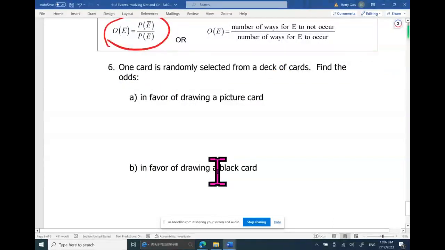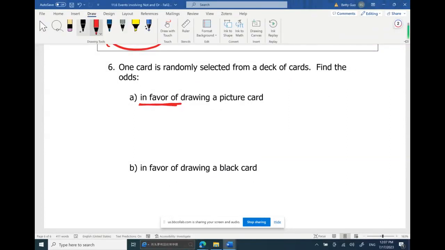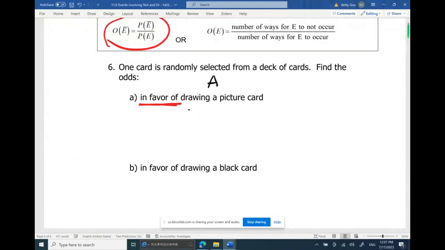Let me show you this example. One card is randomly selected from a deck of cards. Find the odds in favor. Let's highlight this information. In favor of which event? I'm going to let this event be A. I like to use A, B, C better than E. Then what is the probability of A?